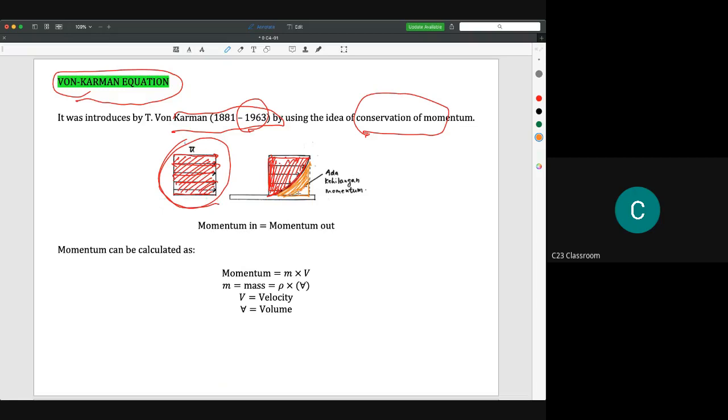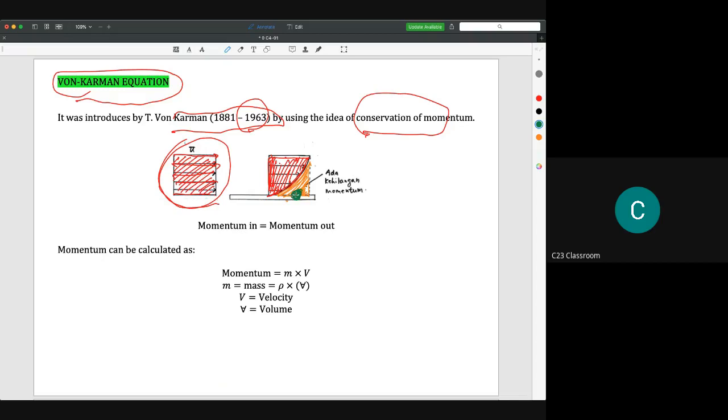So there is a free area here, which means that it lost its momentum. So in physical meaning, because we have shear stress, we know that there is the no-slip condition here.